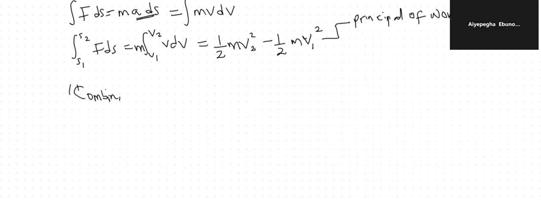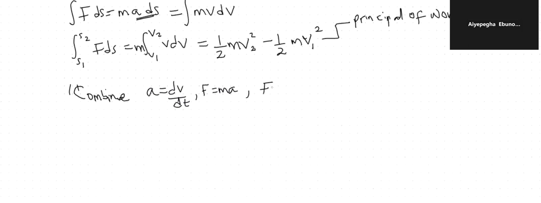Now, if I combine a equals dv dt with F equals ma, you know that F is equal to mass times acceleration, which is dv dt. You're putting your acceleration in the place of this acceleration. Then if you cross multiply, you're going to have F dt equals m dv.